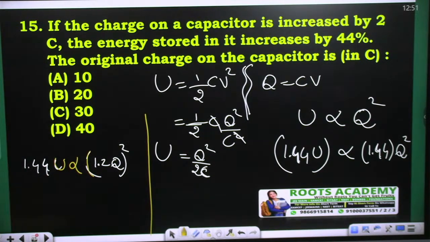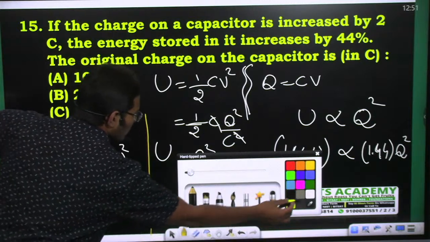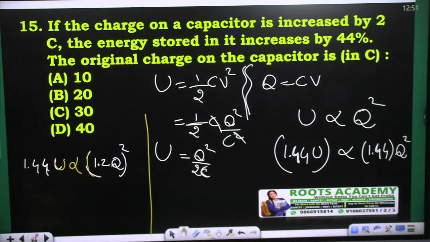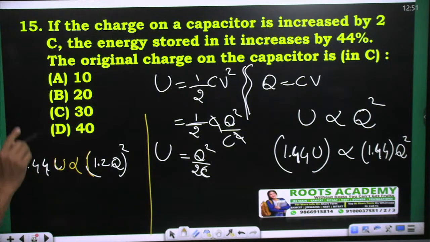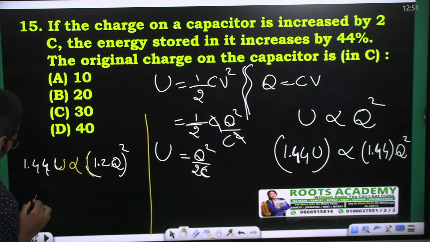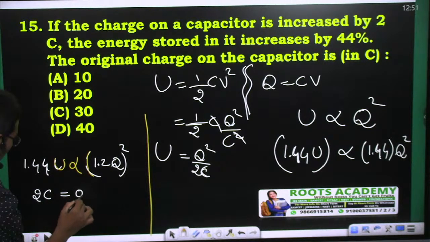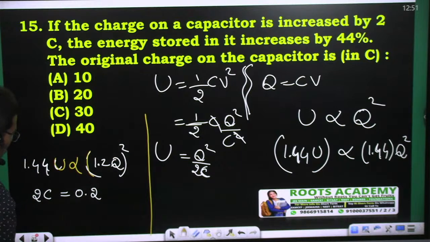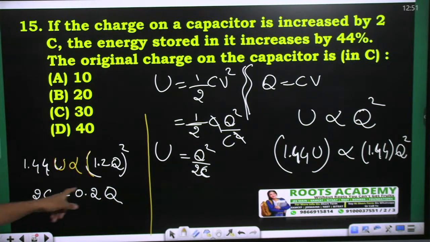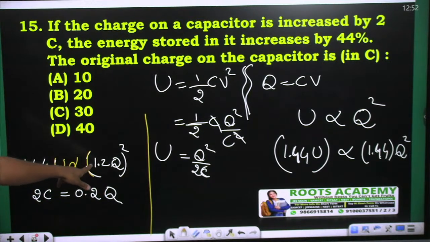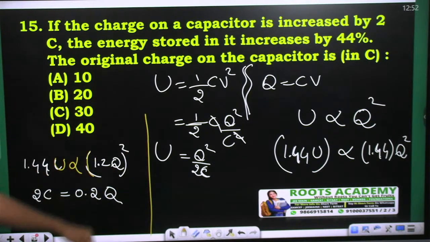From the given question, it is said that the charge is increased by 2 coulombs. So 2 coulombs is equal to 0.2 Q, because my final charge is 1.2 Q.